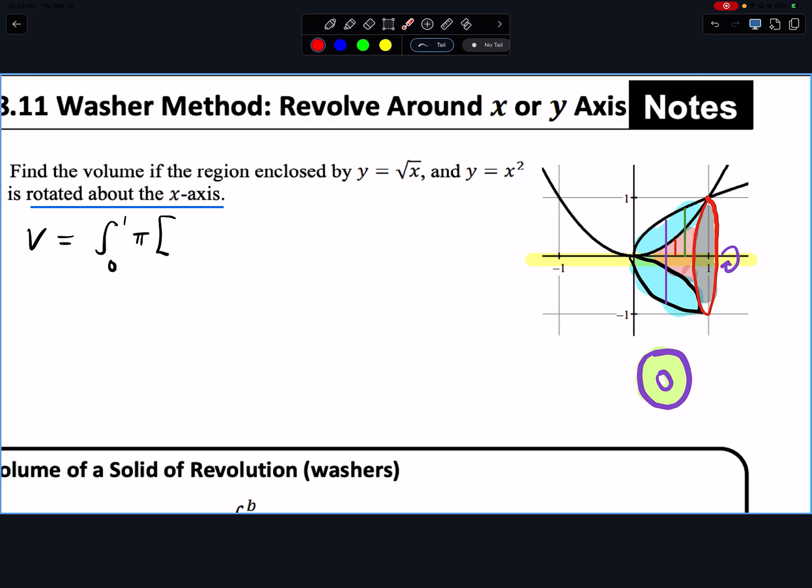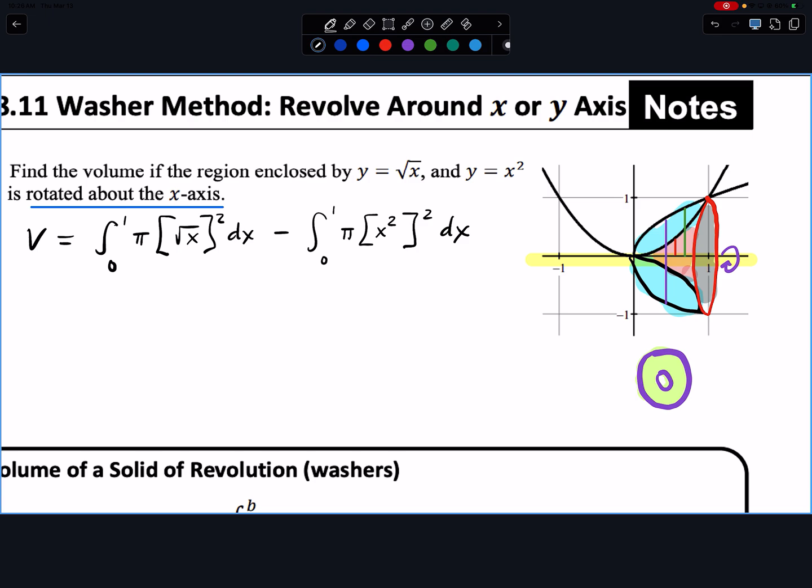So that would be your big R. So it would be square root of x, squared, dx, minus the integral from 0 to 1 of pi times the little radius. What's the little radius function? x squared, and then we have to square it, dx.